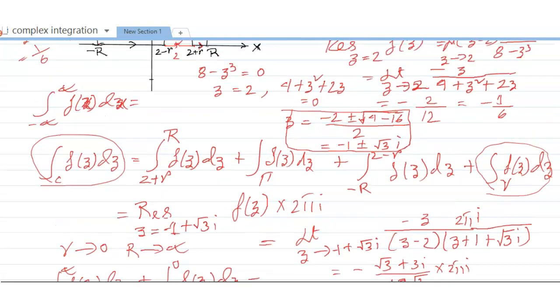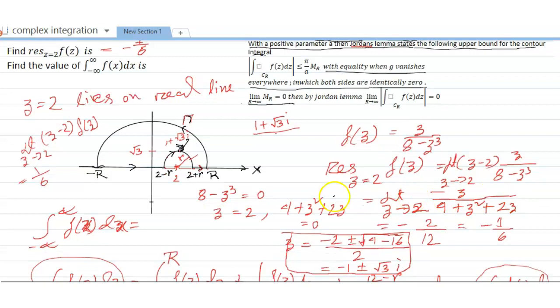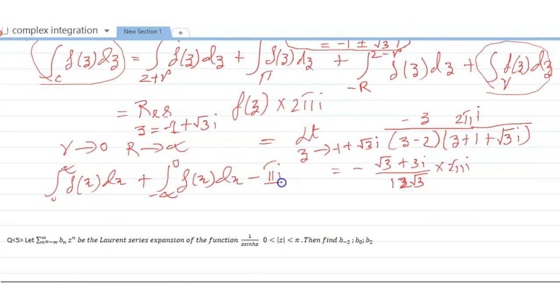Since it is a semicircle, it is pi i, not 2 pi i. So this value is pi i divided by 6, and with the minus sign this value is minus pi i by 6.